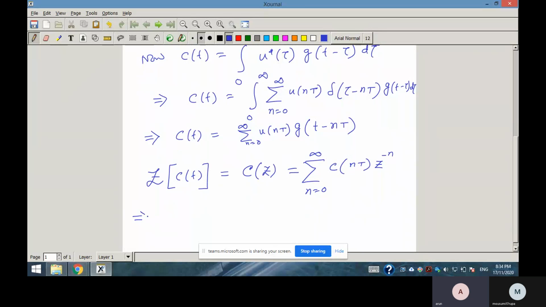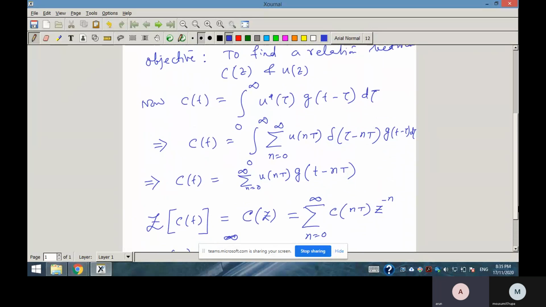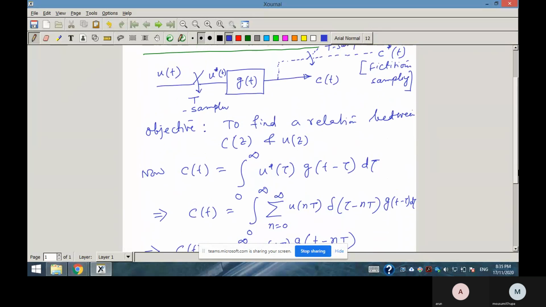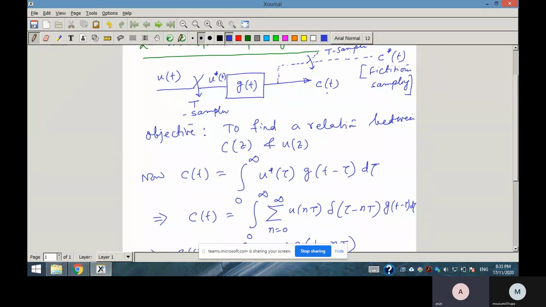So then C(z) you can write as the summation for n equal to 0 to infinity. This derivation is important, because unless you derive the relation between C(z) and U(z), ultimately we want to show that C(z) equals G(z) into U(z).